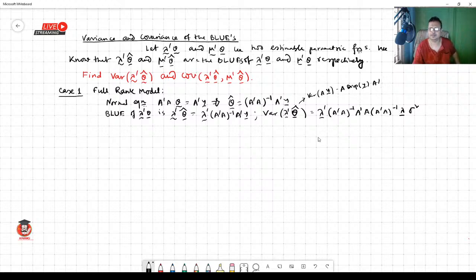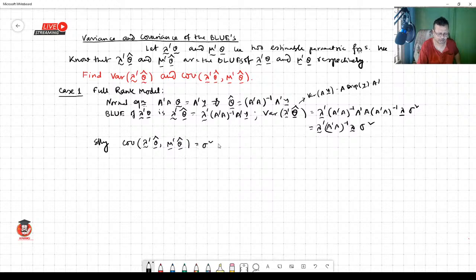I use this thing here. So this is equal to λ'(A'A)^(-1)λ σ². Similarly, the covariance of λ'θ hat and μ'θ hat is equal to σ² λ'(A'A)^(-1)μ.